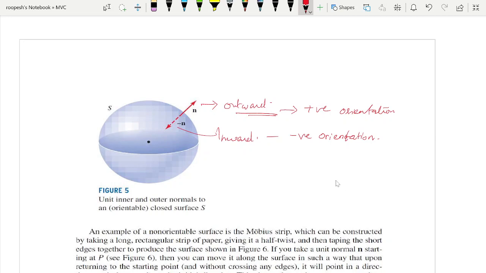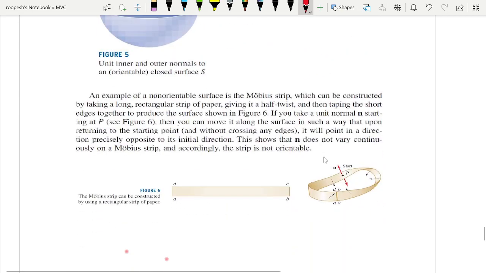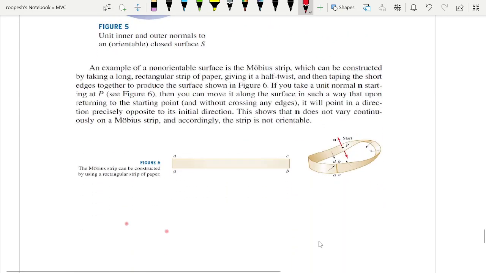Now there are surfaces to which we cannot give this orientation. One such example is the Mobius strip. Some of you know how to create a Mobius strip. Take a strip of paper, twist it and paste the ends. So you get a figure like this. Now this Mobius band is not going to be orientable.